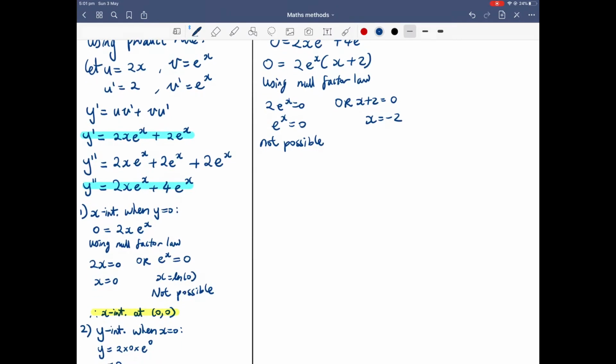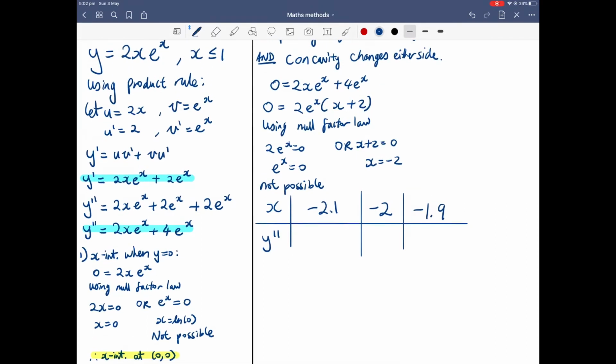So let's check for concavity. So I need to draw a little table. We're checking x values versus y dash dash values at the point x equals -2, a little bit to the left, so -2.1, and a little bit to the right, so -1.9.